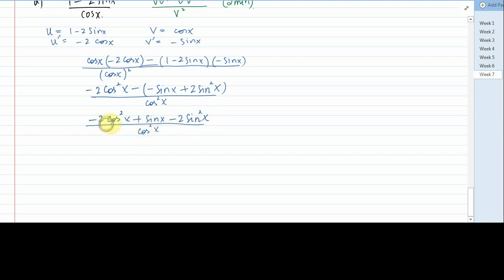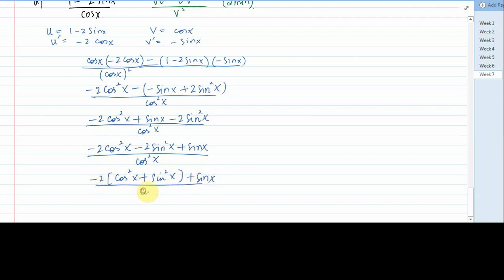So I will write these two terms together. So it will be minus 2 cos square x minus 2 sin square x plus sin x, divided by cos square x. From these two I can take common minus 2, so inside the bracket it will be cos square x plus sin square x, plus sin x divided by cos square x.